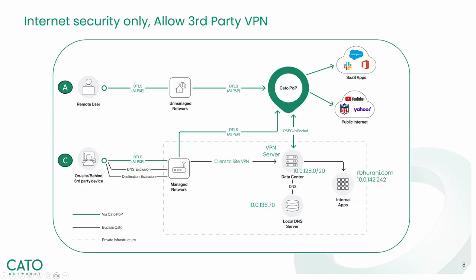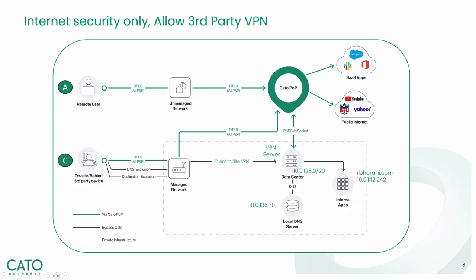But if it is a scenario of the same user accessing the private applications, in this demonstration, this is the data center, which is the VPN server. Behind the VPN server, I have a DNS server. And there is an internal app which says rburani.com.